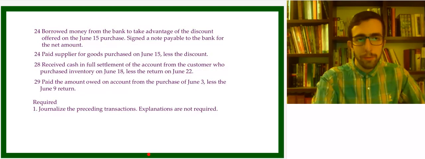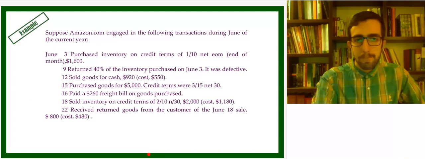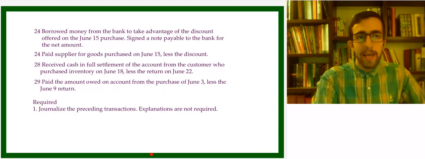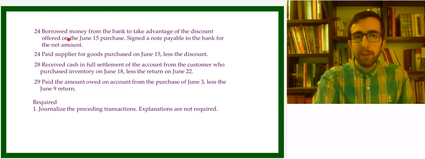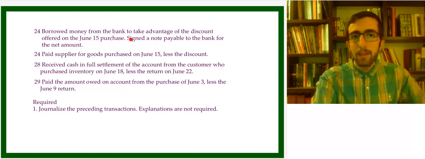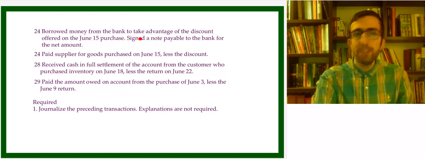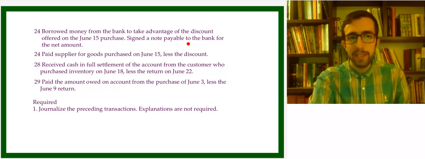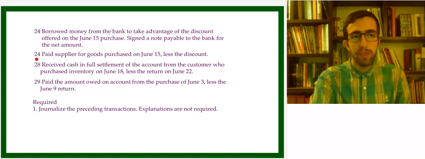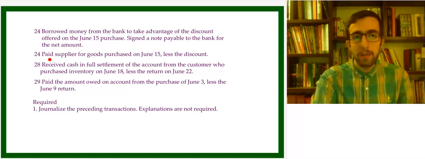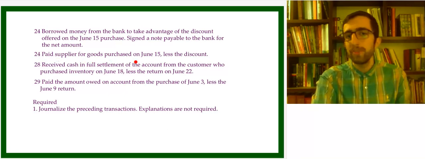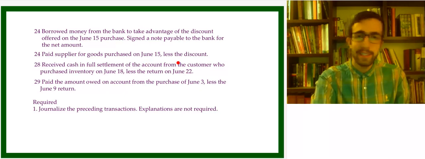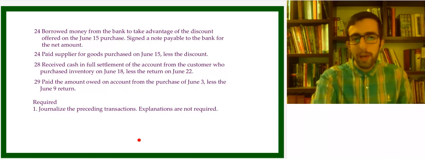On June 22, Amazon borrowed money from the bank to take advantage of the discount offered on the June 15 purchase, and signed a note payable to the bank for the net amount. And we have another entry for June 24: Amazon paid the supplier for goods purchased on June 15 less the discount.